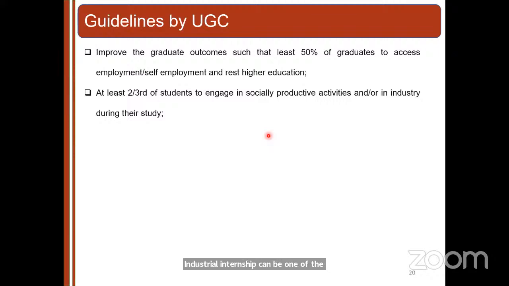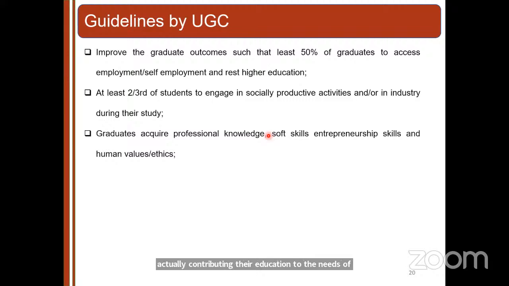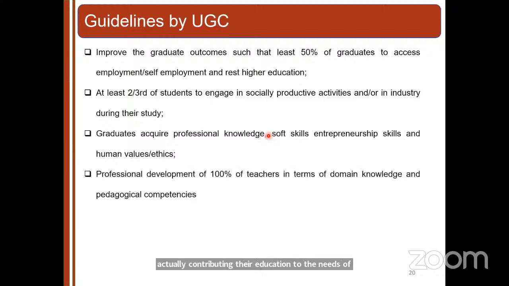And adopting villages, regional education, all these come under the holistic education concept we have learned in the lesson. So at least 2/3 of the students, which means a major chunk of the students must be actually contributing their education to the needs of the society. So for this, what has to be done is the graduates must acquire soft skills, entrepreneurship skills, and human values and ethics.